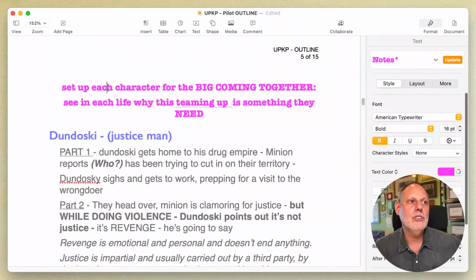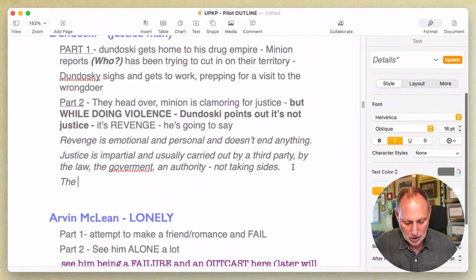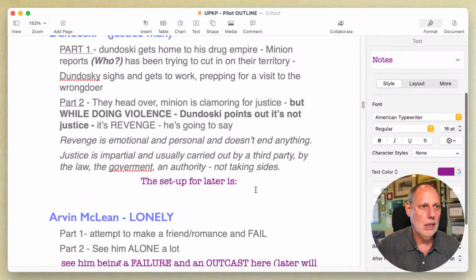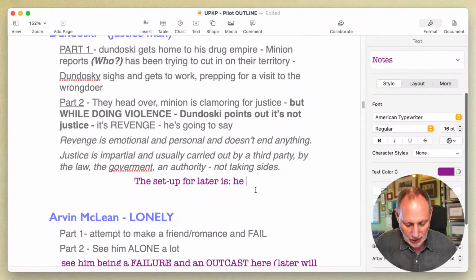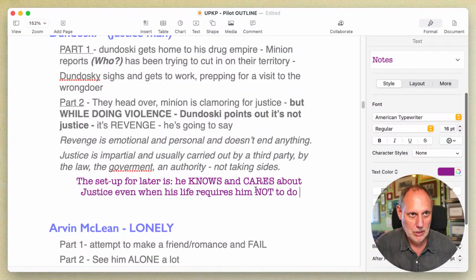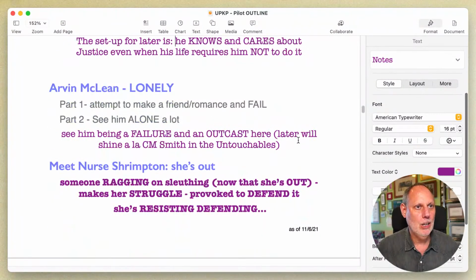Okay, so how does each one of these get set up for later? He knows and cares about justice even when his life requires him not to do it. Okay, so that's the setup.